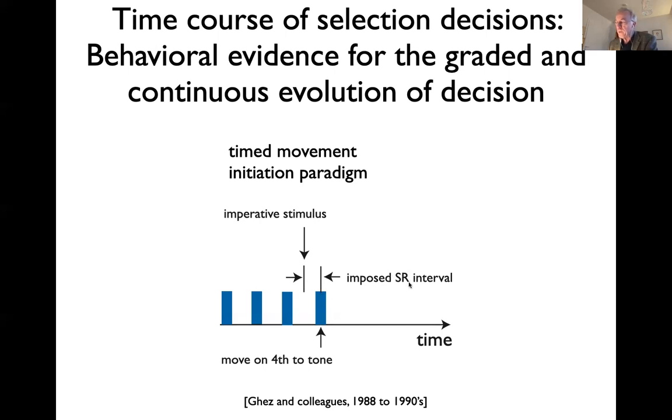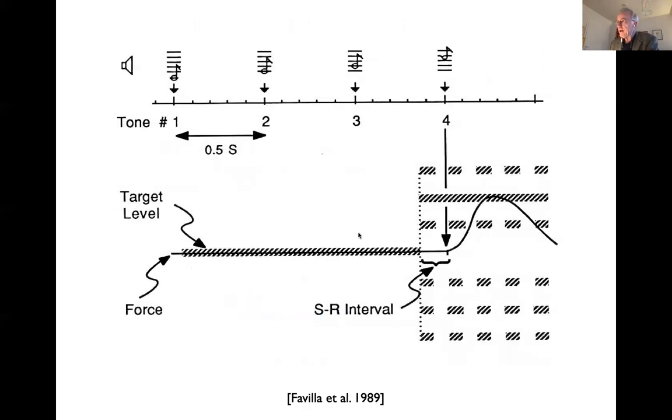This is called the stimulus response time interval. When this is a very short interval, shorter than a typical reaction time, then they are guessing the corner, just like the soccer player, right? And when you make it large, then it's sort of like a regular reaction time paradigm.